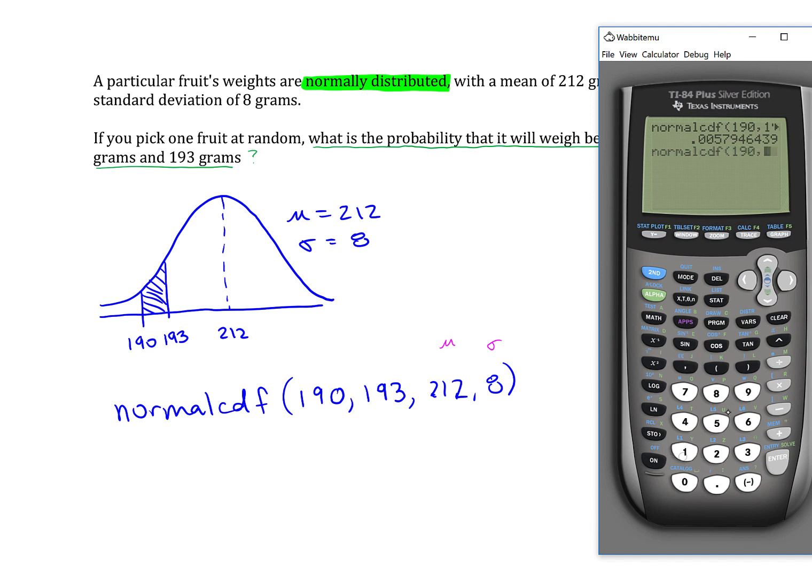So 190, 193, and the rest of these values, but everything's separated by commas. So you still get the same result. It's just a menu system gives you a way of not having to remember what the inputs are. It kind of gives you clues as to what those inputs need to be. Either way, you get 0.0058 as your answer.